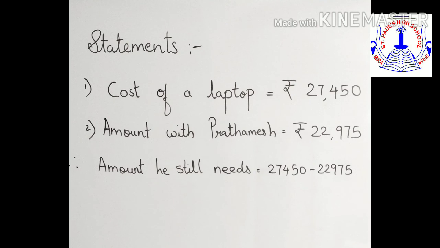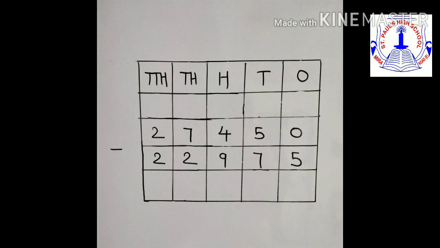Draw the columns and write down the numbers according to their place value. We will start from the ones place, 0 minus 5. As 5 is greater than 0, we cannot subtract 5 from 0. So we have to borrow 1 from the tens place.